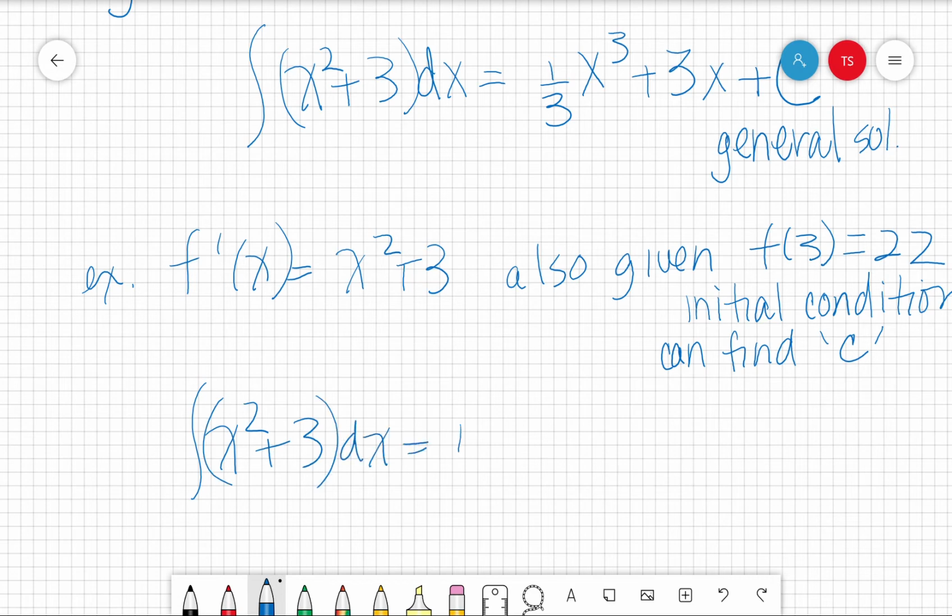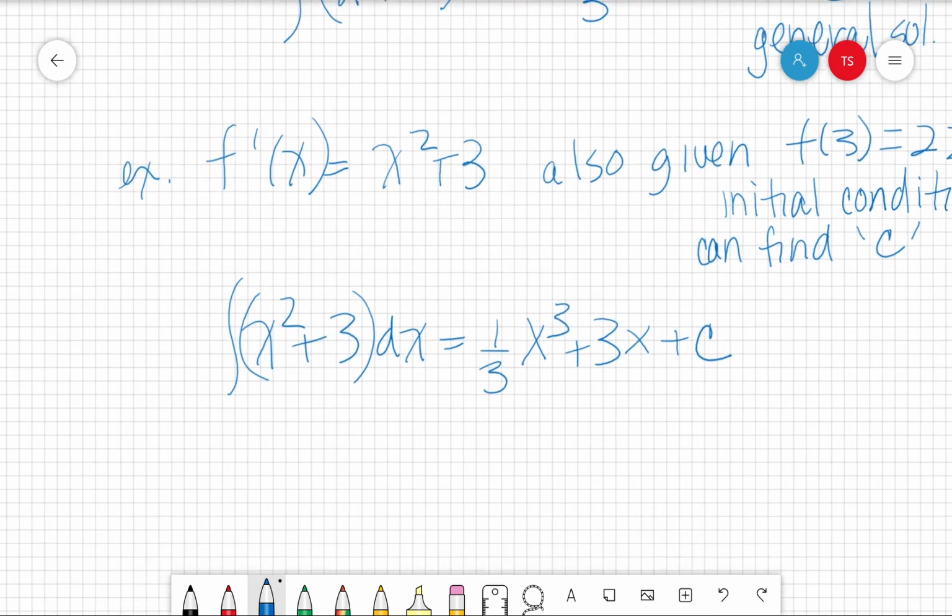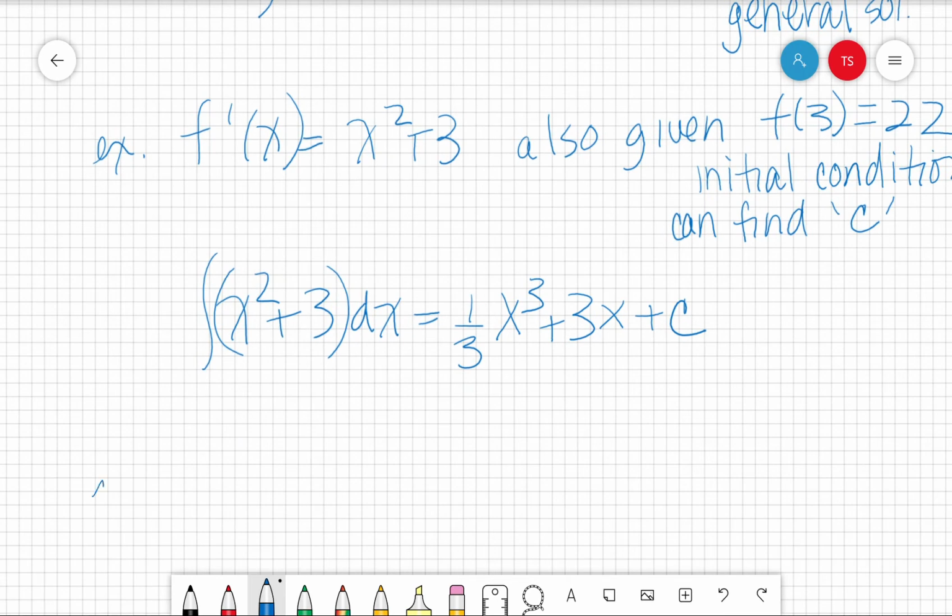And as we saw, that gives us 1/3 x cubed plus 3x plus c. And then we will use the information f of 3 is equal to 22. So we're going to substitute that into our antiderivative and find the value of c.